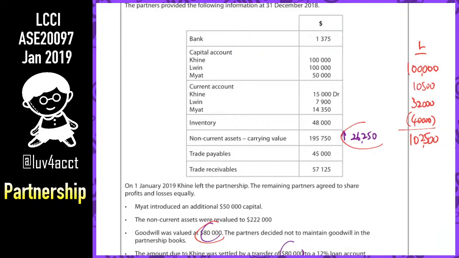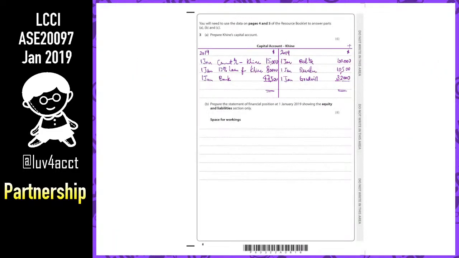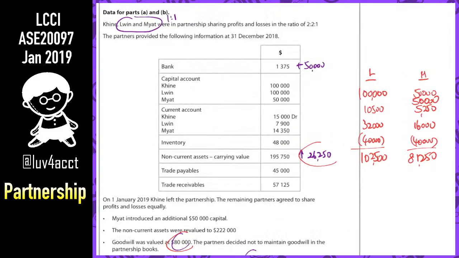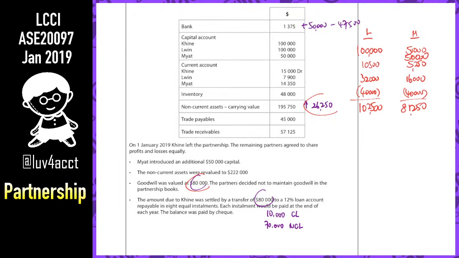Let us not forget. Let us see. Oh, maybe not. We have additional capital from Matt, but then later we pay 7,500. So still positive. No bank overdraft. So trade payables 45,000, only that. And of course with the loan.